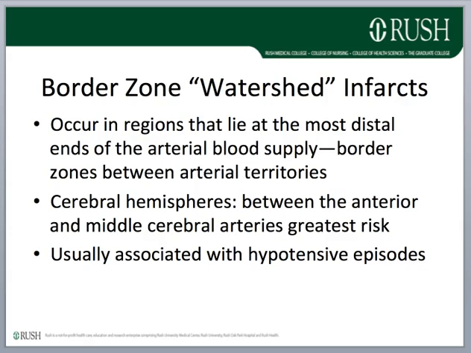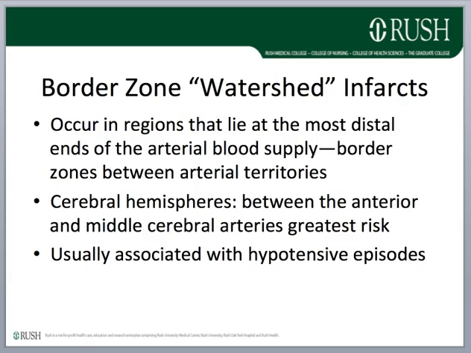Border zone or watershed infarcts occur in the regions of the brain or spinal cord that lie at the most distal reaches of the arterial blood supply, the border zones between arterial territories. So this is a similar concept to the border zone infarcts that we talked about in the large colon.